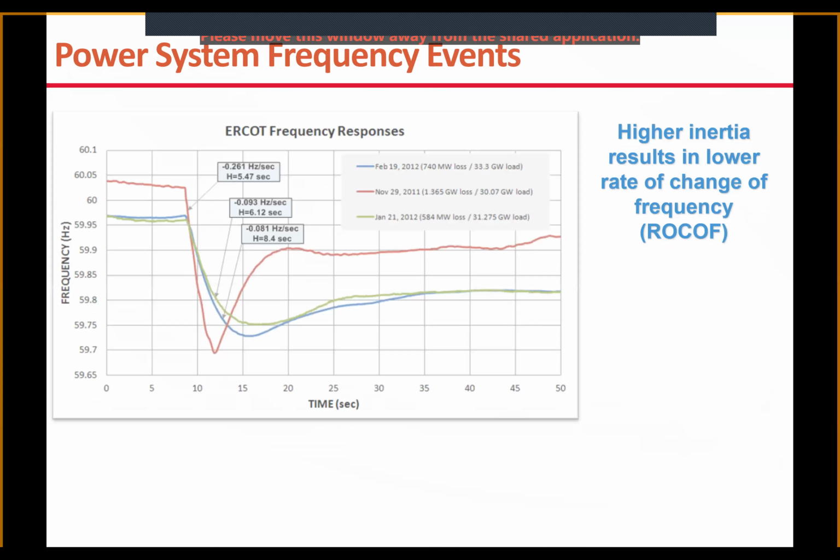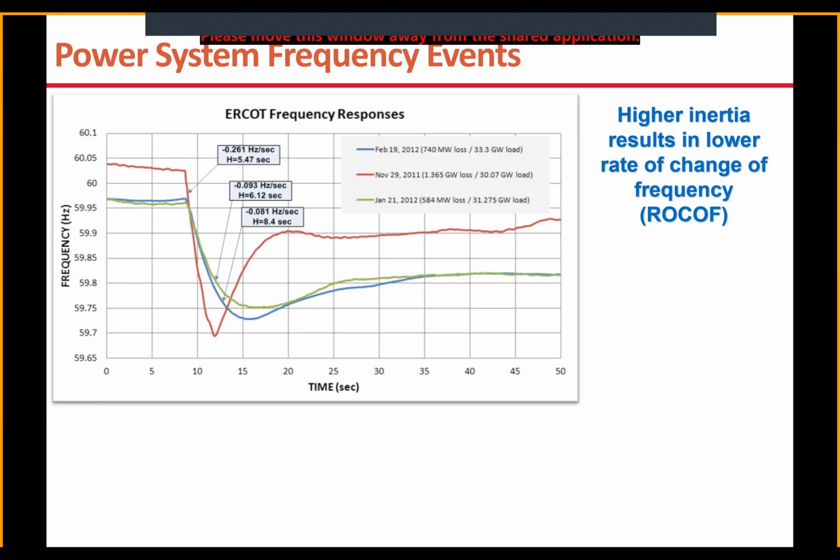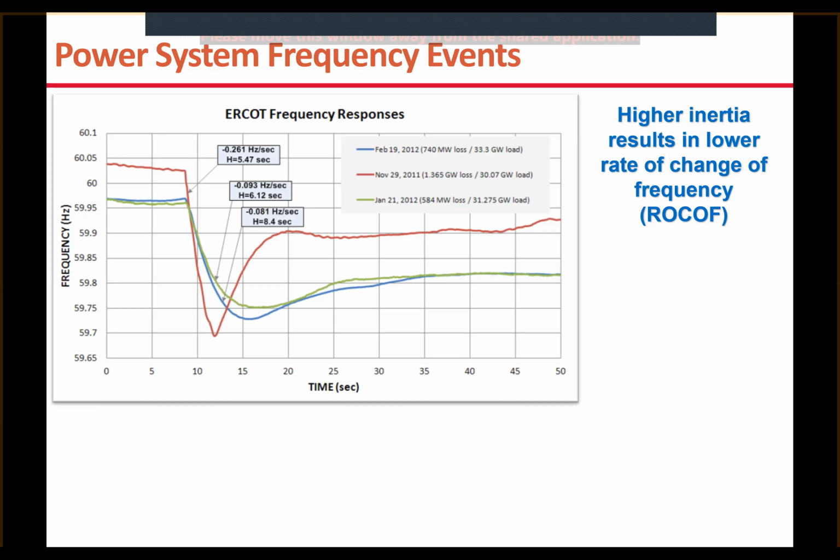And here I want to show you some examples of frequency events. For example, in ERCOT in Texas, we have this recorded frequency response under different wind turbine penetration levels.